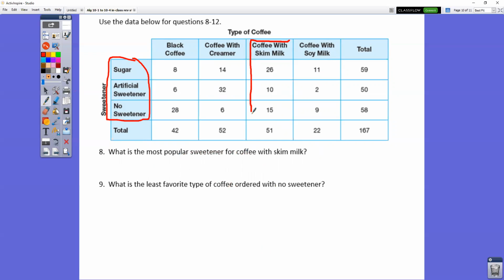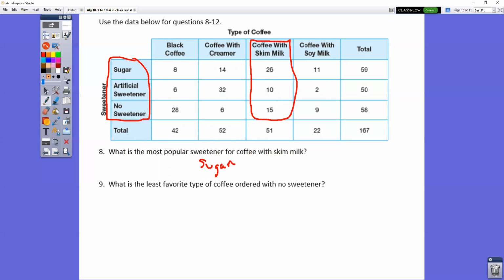Coffee with skim milk, we are only looking right here. That's all that we are looking at, those three boxes. The highest number is sugar, 26.